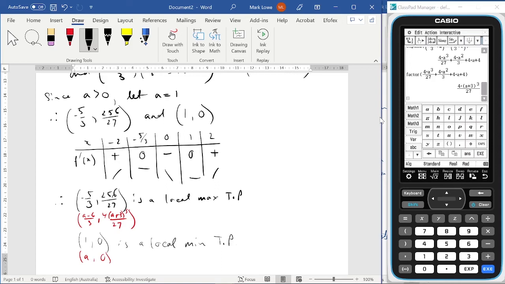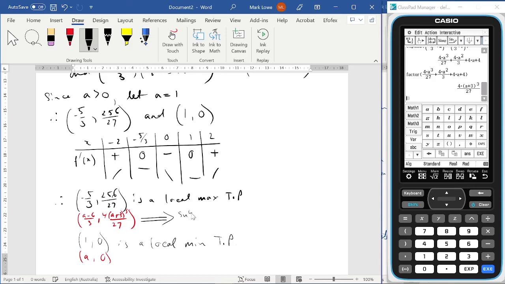So we want to use that point that we've got here: a minus 6/3 and 4 times a plus 3 cubed over 27.